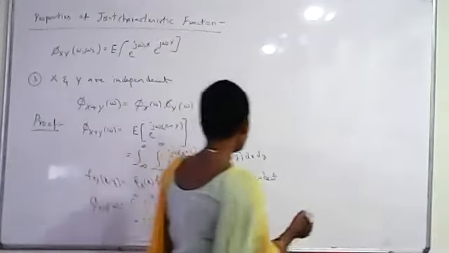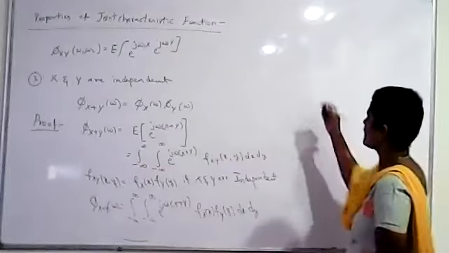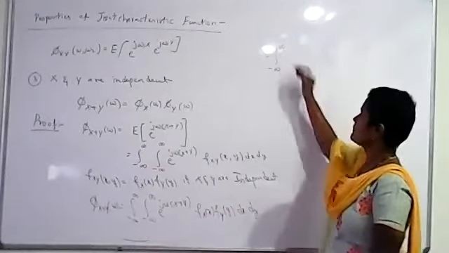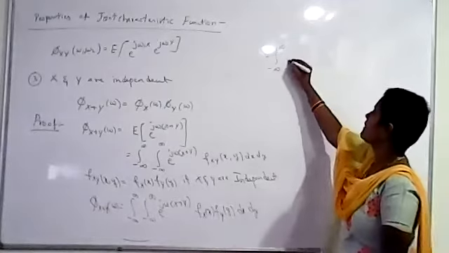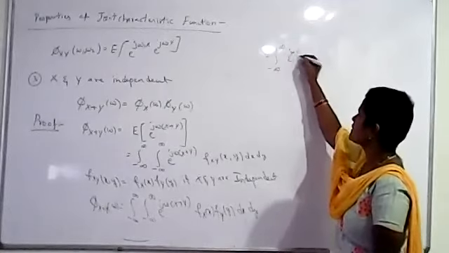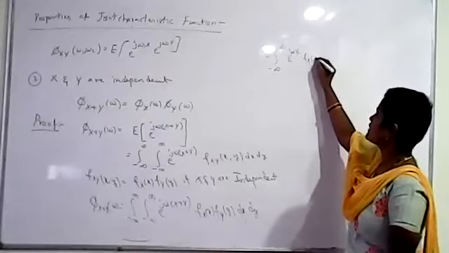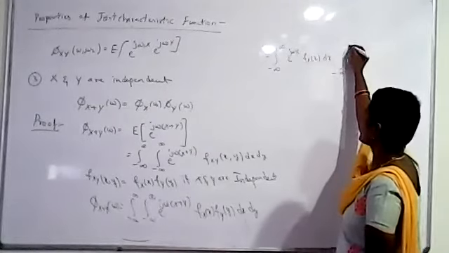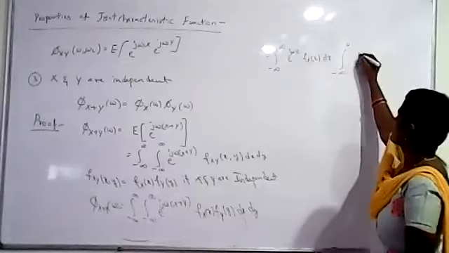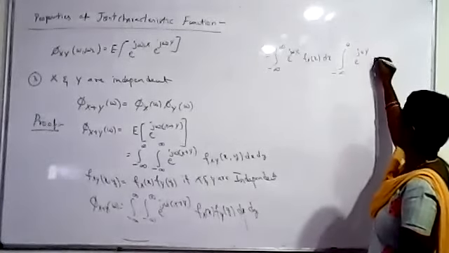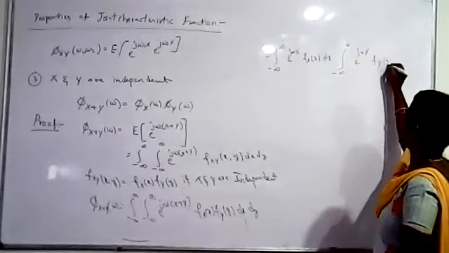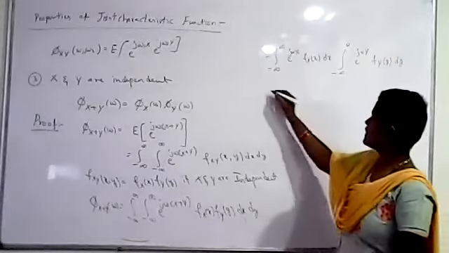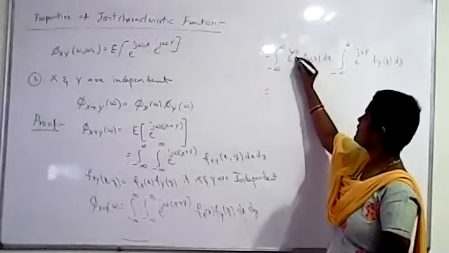Okay. Now we separate these two integrals. The integral with respect to x we write under one integration, e power j omega x f x of x dx, integral minus infinity to plus infinity e power j omega y f y of y dy. Okay. Now we have observed all this already.